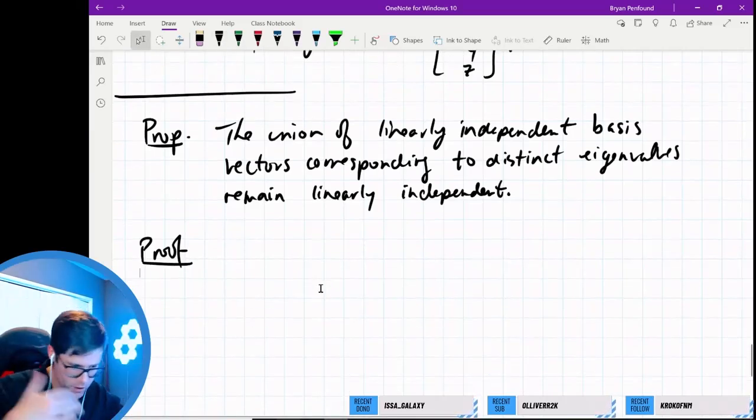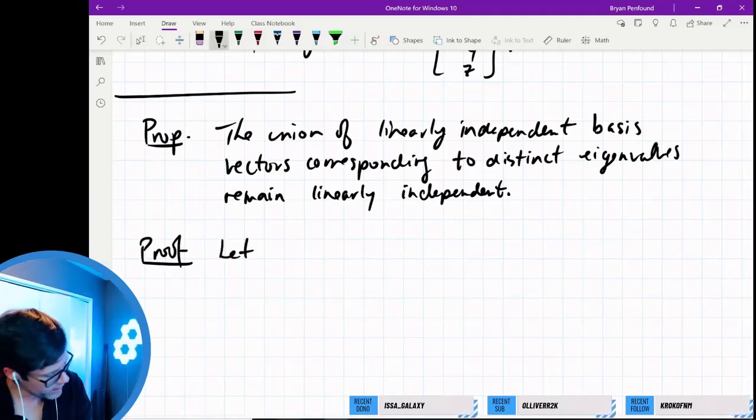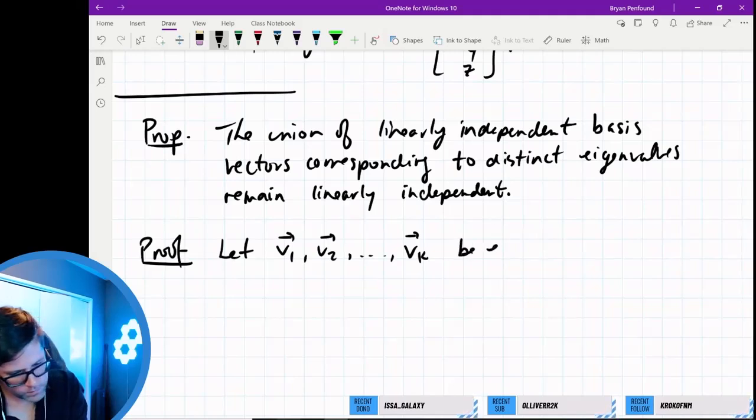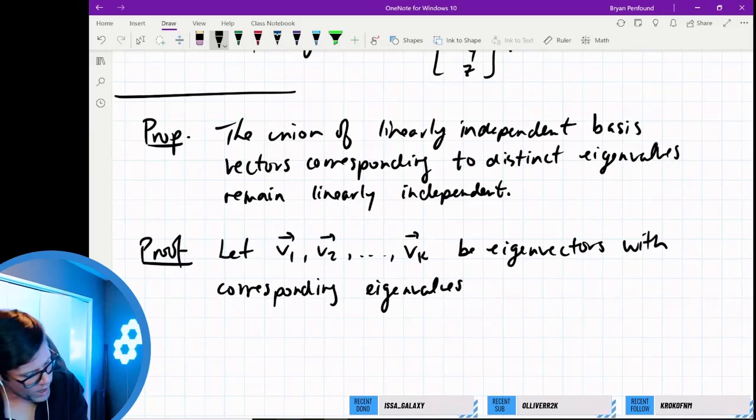But this to me feels important, right? So let's get some assumptions rolling here. Let v1, v2, up to vk be our eigenvectors with corresponding eigenvalues, and we're going to call those the corresponding distinct eigenvalues.